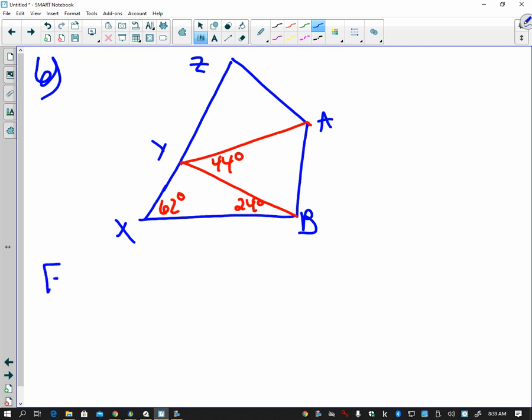Find the measure of angle Z, Y, A. Find the measure of angle Z, Y, A.